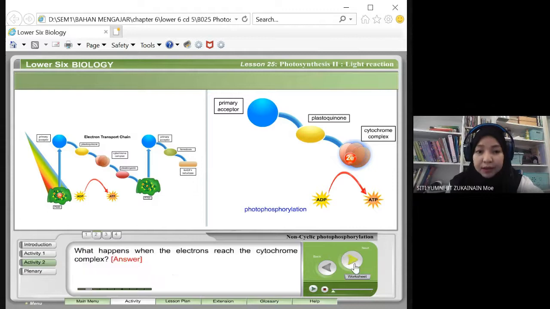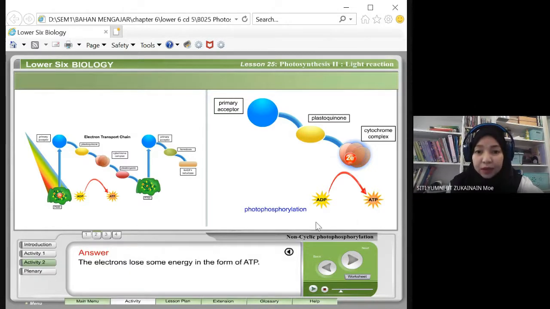Then what happens when the electrons reach the cytochrome complex? As you can observe here, the electrons lose some energy, because previously the electrons were at a high energy level, and when they travel down the carriers, they lose that energy.